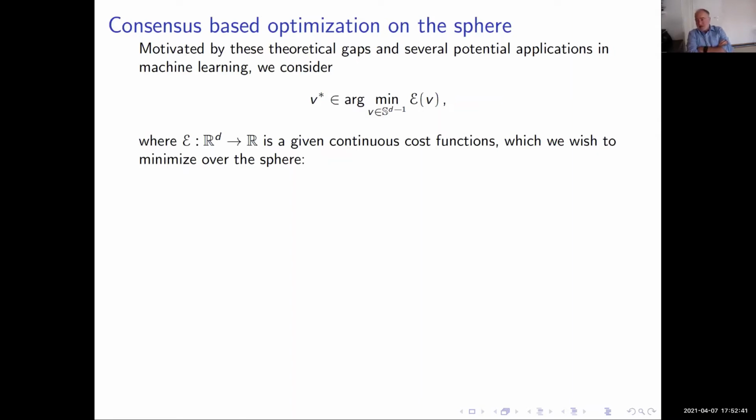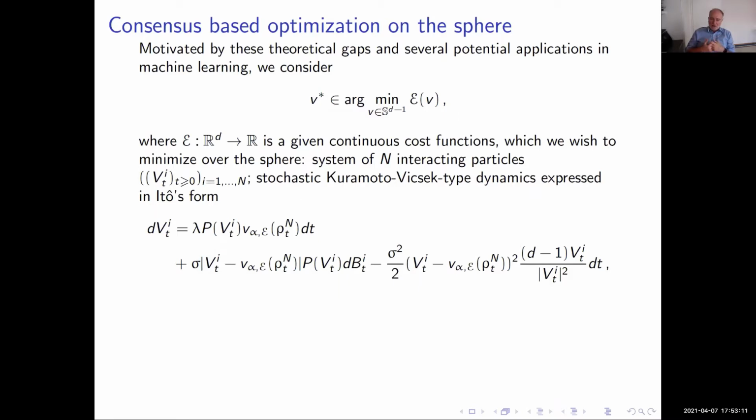As I said, the algorithms are necessarily interpreted as discrete time approximations of SDE systems, which means that it would be better to start from the SDE system and then discretize it with your favorite algorithm. The system is about n interacting optimizing agents or particles that are governed by a certain kind of stochastic dynamics expressed here in Ito form.